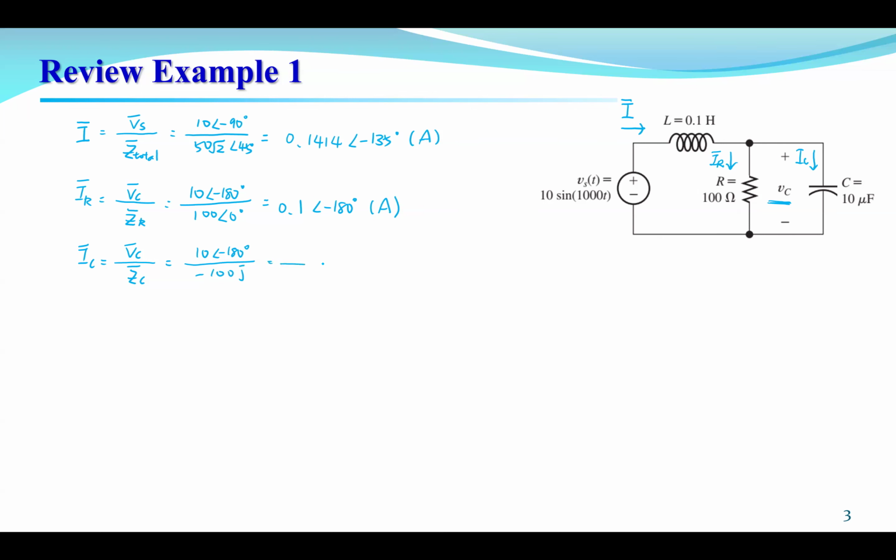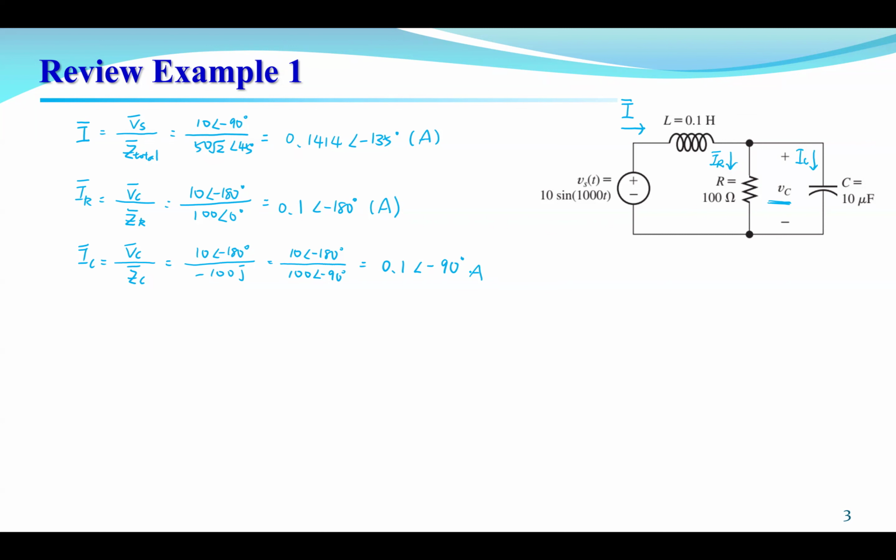We need to convert it to phasor polar form: 100 angle minus 90 degrees. So IC is 0.1 angle minus 90 degrees, in amps.